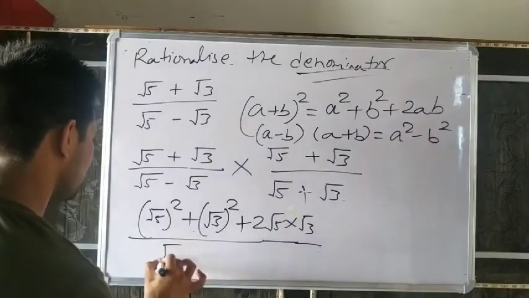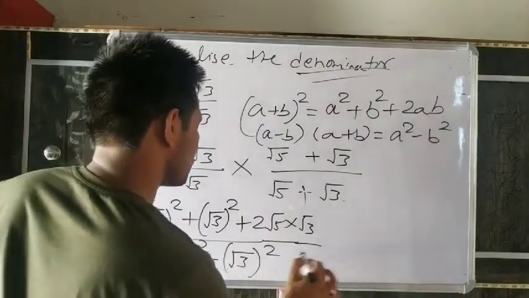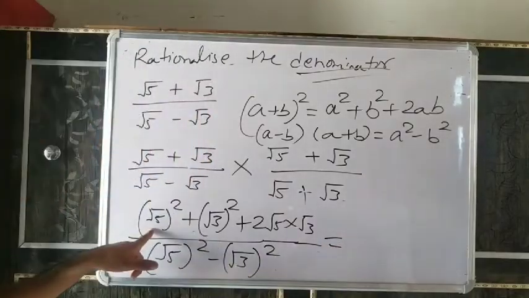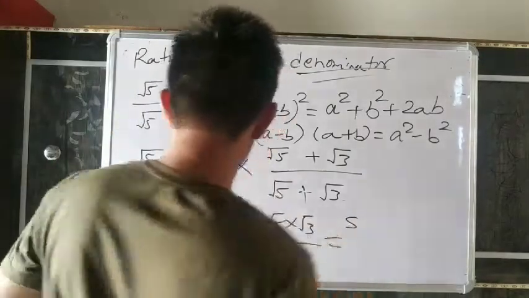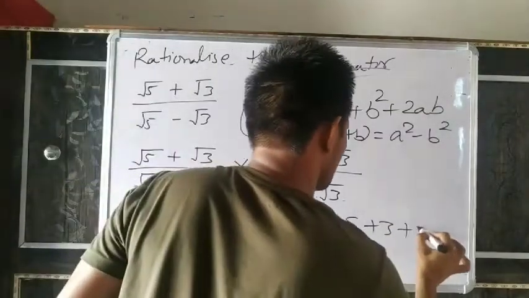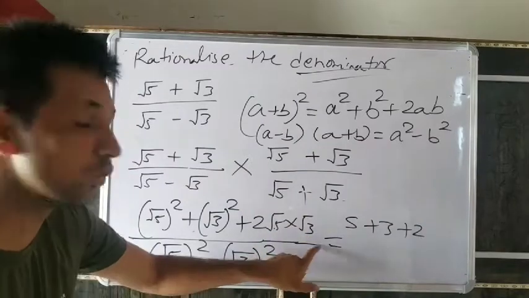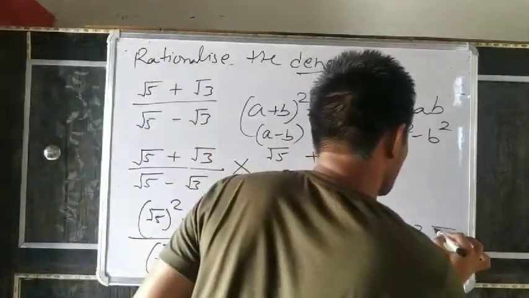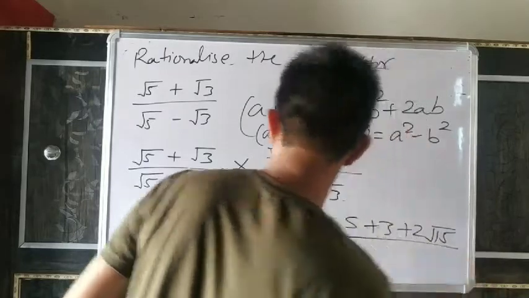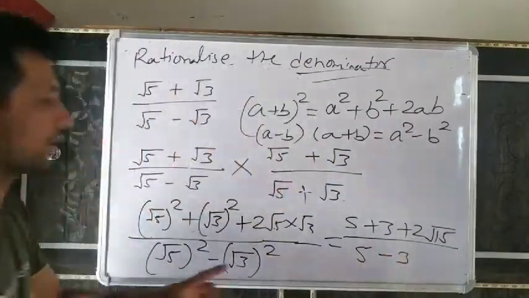So √5 square minus √3 square, and in the numerator √5 square 5 plus 3, plus 2 into √5 into √3, both are roots. So 5 into 3 is √15, divided by 5 minus 3.